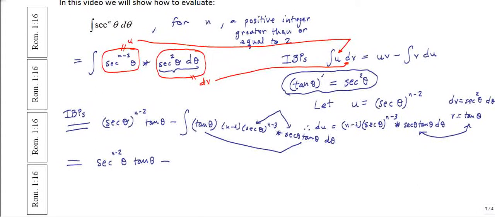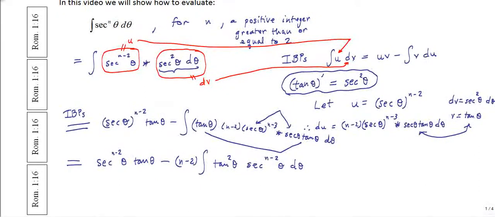If you add those exponents, n minus 3 plus 1 is going to be n minus 2. So I get minus the integral of tangent squared theta times, and by the way, before I do that, let me pull out this constant n minus 2. So it'll be minus the quantity n minus 2 times the integral of tangent squared theta times secant to the n minus 2 theta d theta.